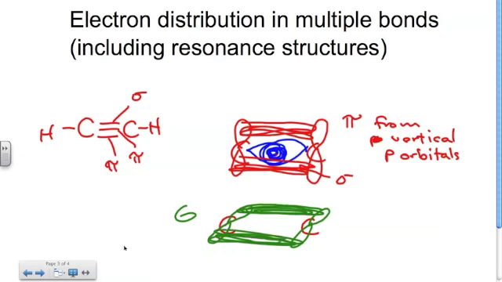If you can imagine this all smushing together, with these p orbitals going out horizontally, that's your third pi bond. So you've got sigma in blue, your first pi bond in red, and your second pi bond in green, also going in parallel.